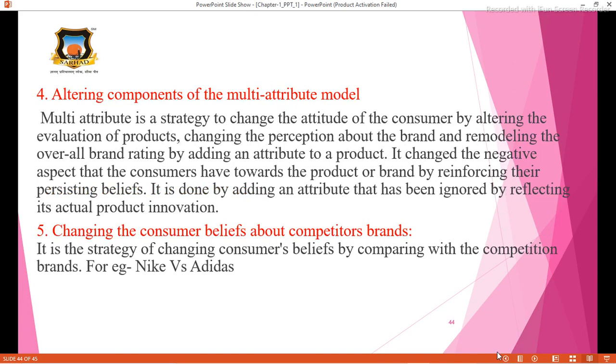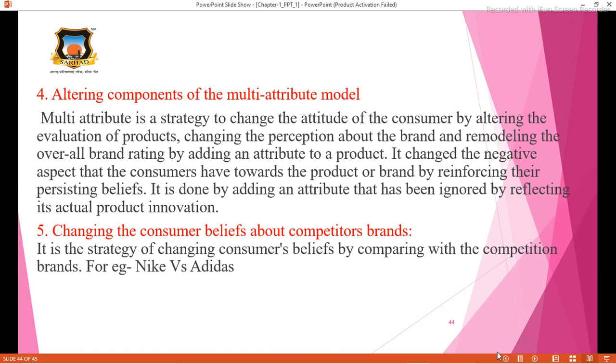A multi-attribute approach is a strategy to change the attitude of the consumer by altering the evaluation of the product, changing the perception about the brand, and remolding the overall brand rating by adding an attribute to a product. It changes the negative aspects into positive aspects.